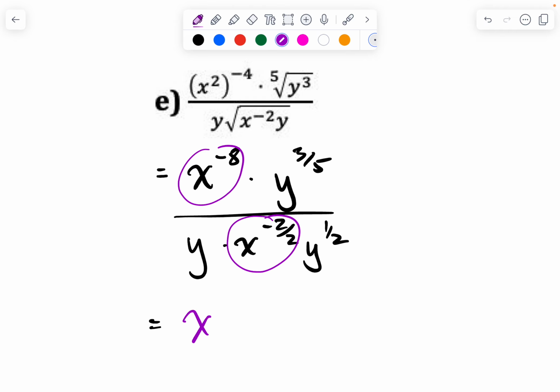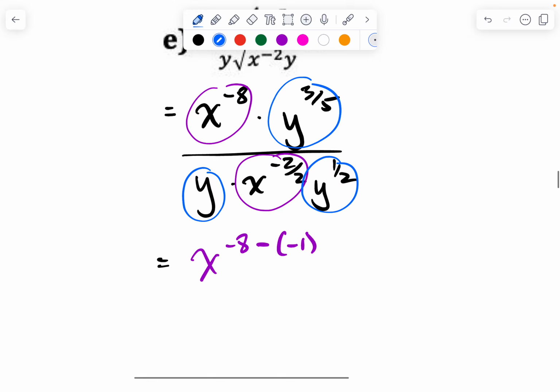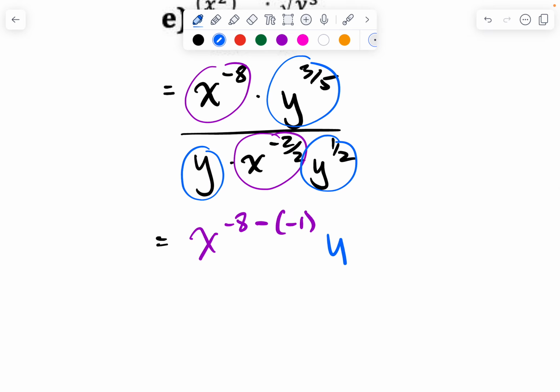So that's going to be x to the negative 8, take away negative 1, because it's in the denominator. And then the y's are going to be 3 over 5 minus 1, because of that one here, and then minus another half. So let's simplify. So that's x to the negative 8 plus 1. So that's negative 7.